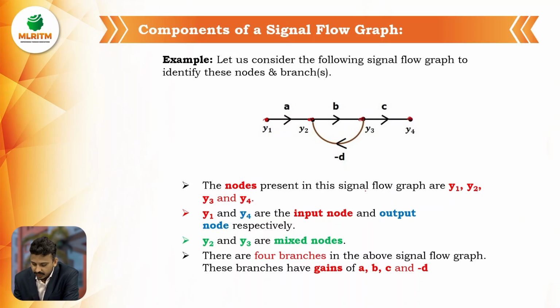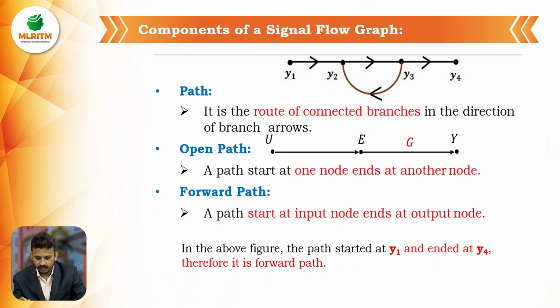The nodes representing the signal flow graph are y1, y2, y3 and y4. And a, b, c, d are the branches of the graph. We can also call the branches the gains of the graph.